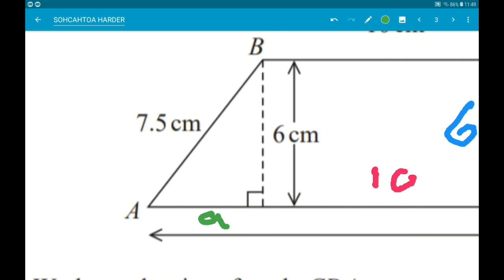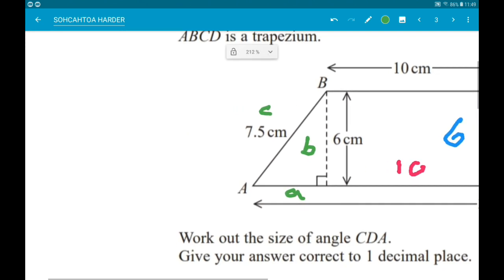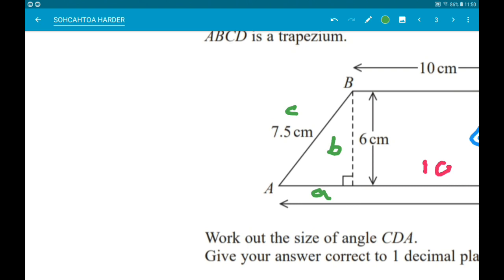So if we also call the height B and the diagonal C, Pythagoras says A squared plus B squared is C squared. Now we want A squared, so we need to subtract B squared. So A squared is C squared minus B squared.